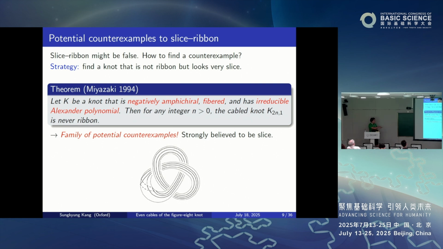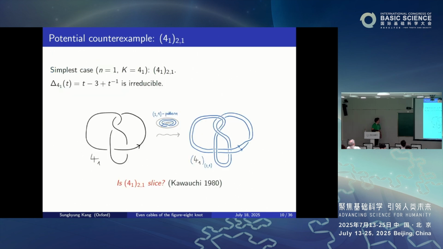And you're taking an even number of strands, so it kind of looks like 2n copies of the knot stacked on each other. And then you might think, oh, that kind of looks like slice. And if it's convincing to you, that's good. Okay, so that gives you a family of potential counterexamples. Some people thought it's slice. I don't know. I did not.